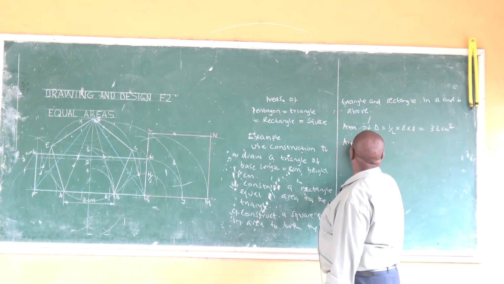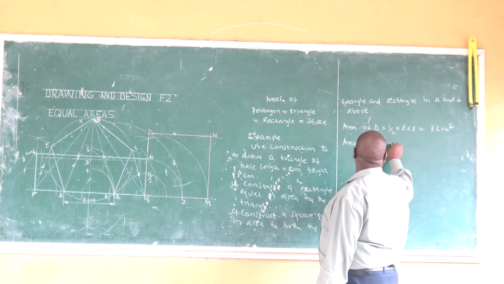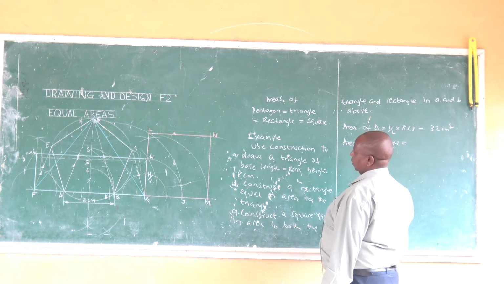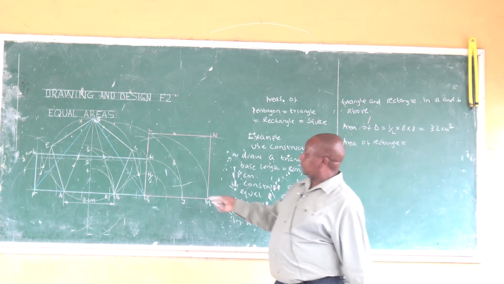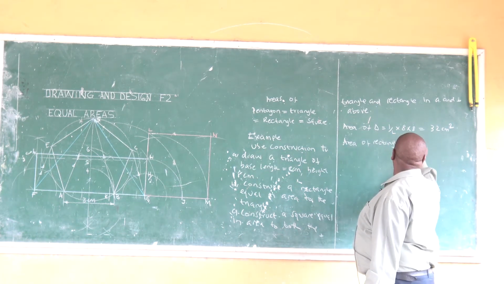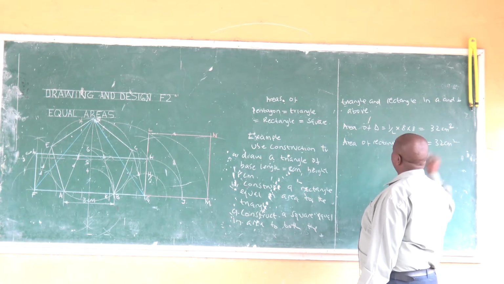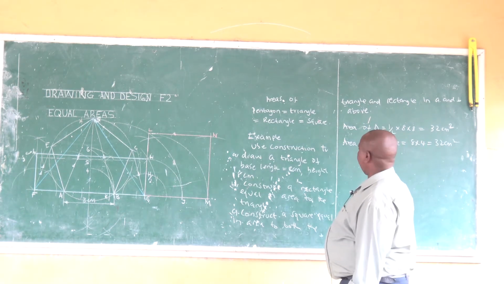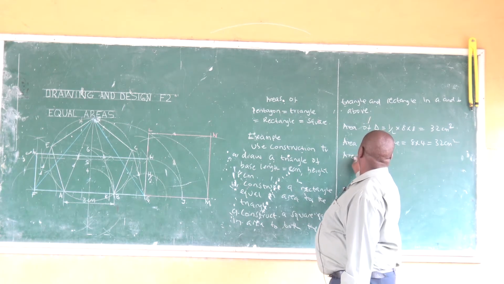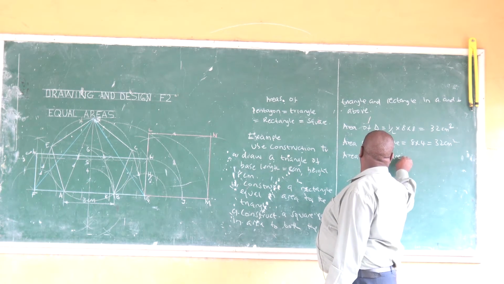The area of the rectangle then must be equal to, since the height of the rectangle is h over 2, 8 multiplied by 4, which means it is also 32 centimeters squared. Area of square.